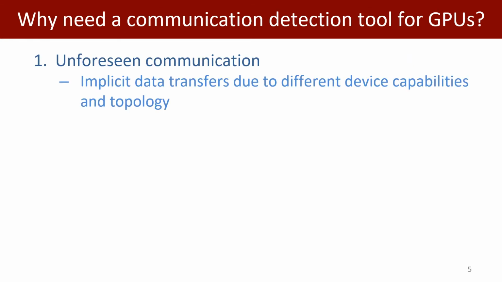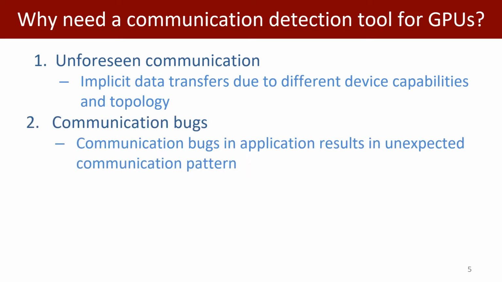For example, if the programmer is indifferent towards the topology and device capabilities of the system, unwanted implicit data transfers can occur. For example, in case of DGX1, where some GPUs are not directly connected to others, transfers among them may require explicit routing. Secondly, it is possible for there to be communication bugs in an application such that the result is not affected.